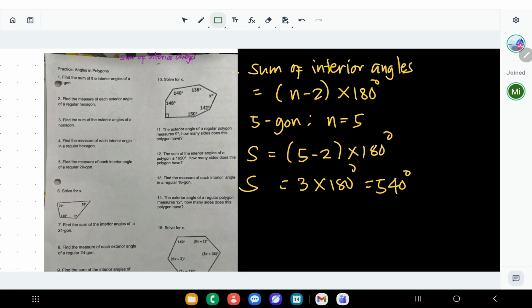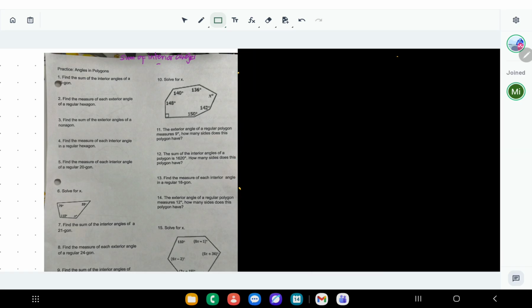That is the sum of the measure of the exterior angles of a polygon, which is 360 degrees. But to find the measure of each exterior angle, we divide by the number of sides.